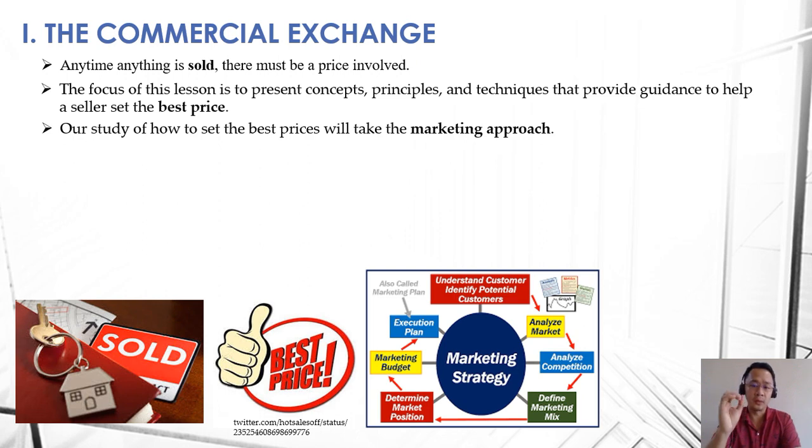And also we are going to define the marketing mix, determine the market position, marketing budgeting, and also execution plan. With that approach, we need to understand customers and also identify the potential customers.